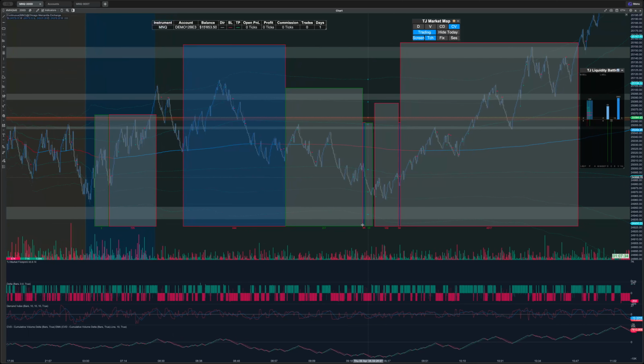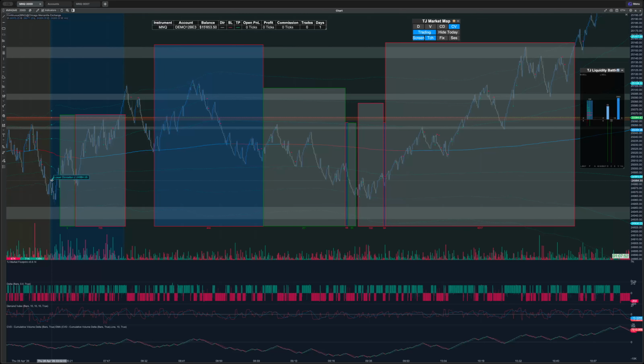So I started with a long. That one was actually a good entry because the market direction changed here. That old lower high got smashed, and then a higher low was being built, and entering here the market was great.